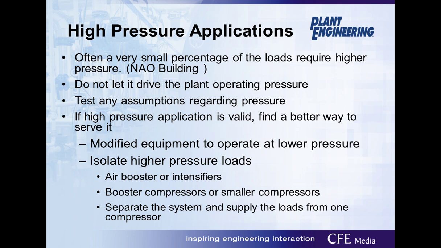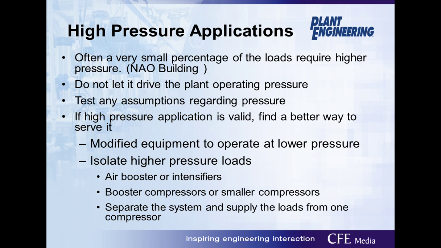And I found out it was because any time the executives would come in with their lease cars, they'd have to fill the tires up. So basically I told them to go get a smaller compressor and take the entire system pressure down. My point is you'll find high pressure requirements driving systems, and you really need to look at those so you don't let them drive your entire operating pressure.